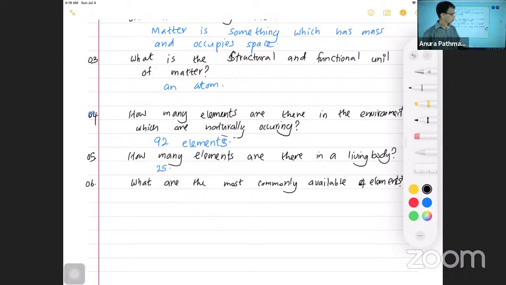The answer: oxygen, carbon, hydrogen, and nitrogen. The highest rate is oxygen.